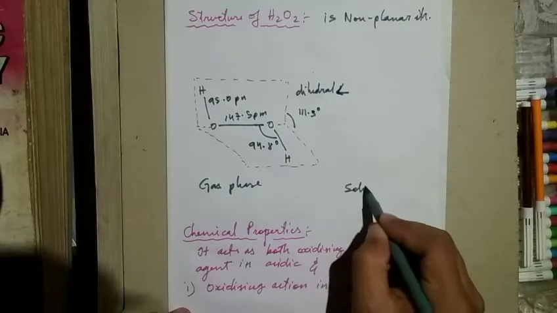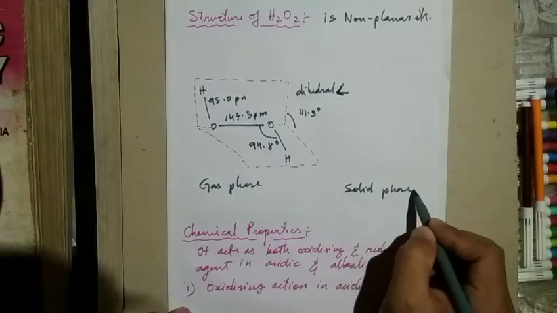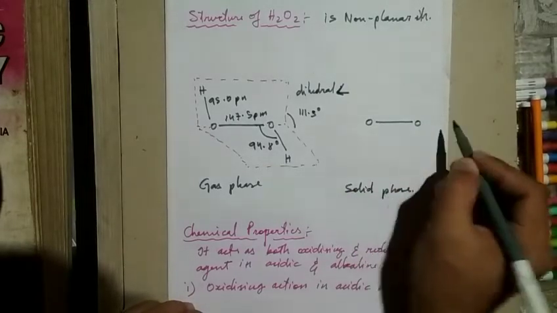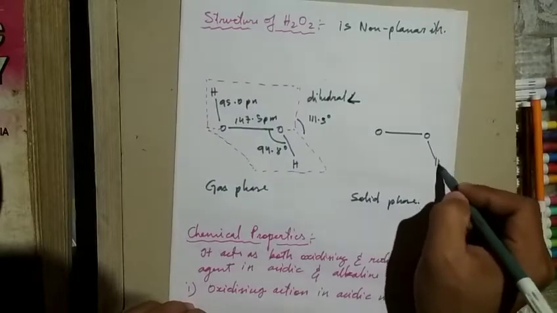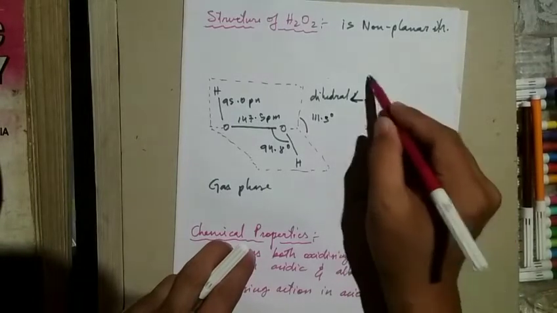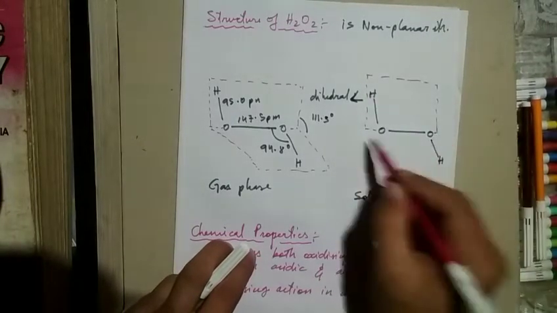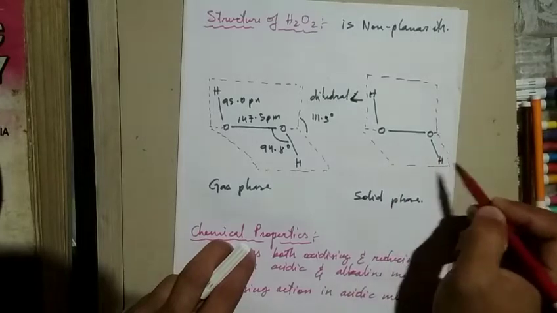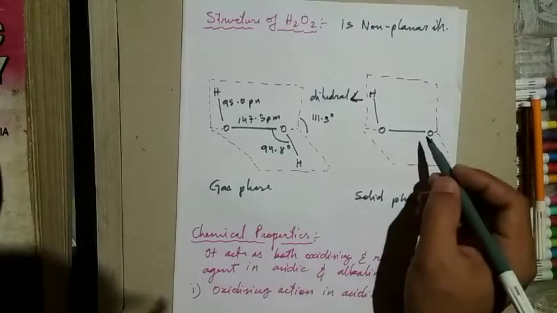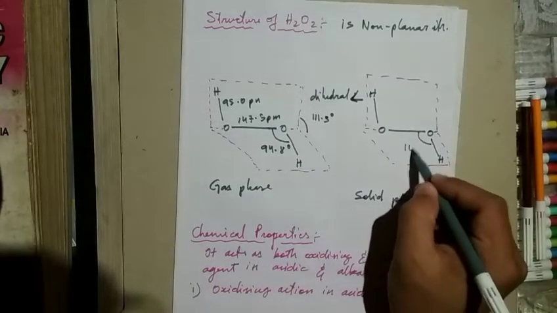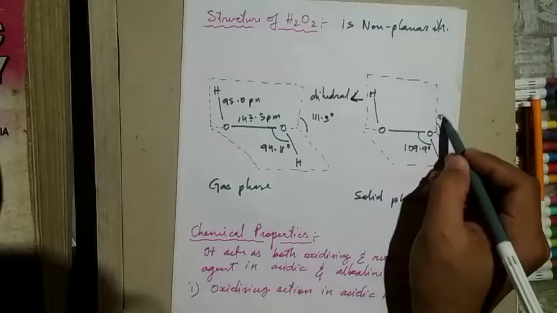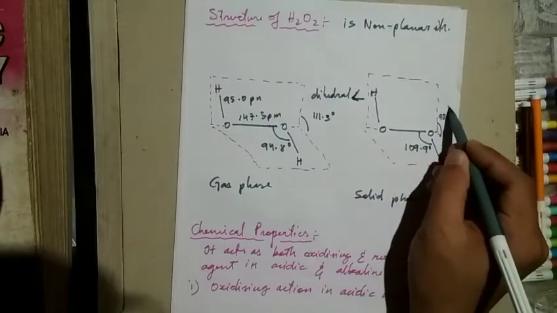Now let's see the structure in the solid phase. So let's draw it here. Almost out of space. In this case the bond angle is 109.9 degrees, and the dihedral angle is 90.2 degrees.